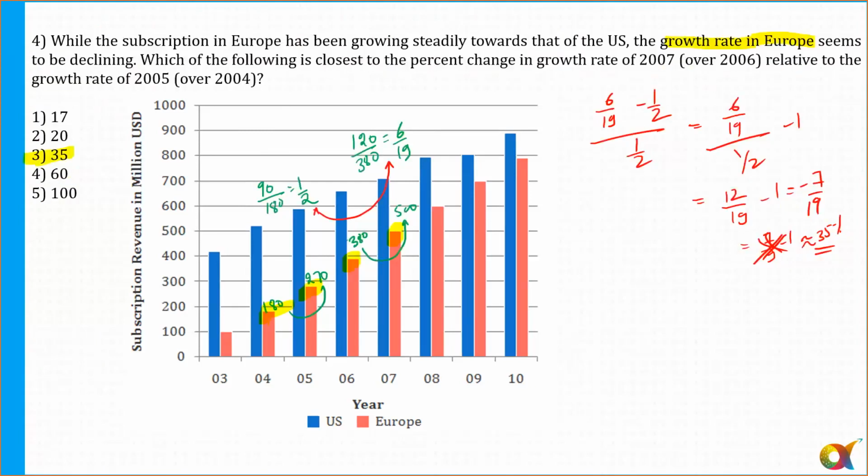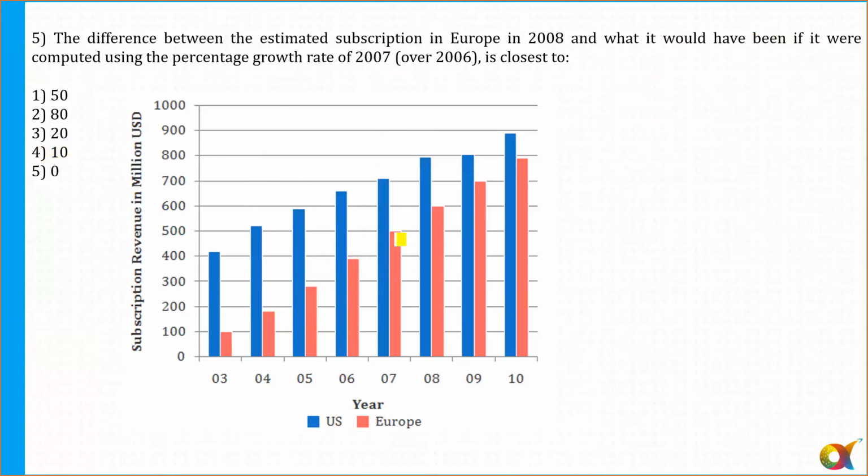If you remember, in question number 4 we have already calculated that there is a growth of 6/19 from 6 to 7. So the same thing is going to happen for Europe from 7 to 8 also.